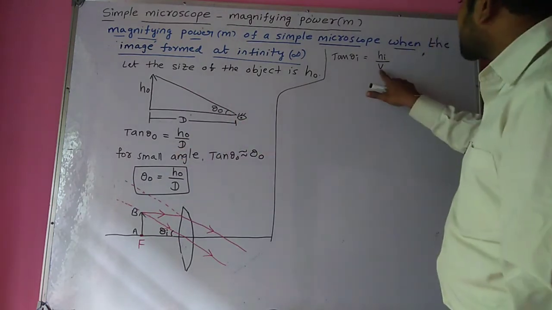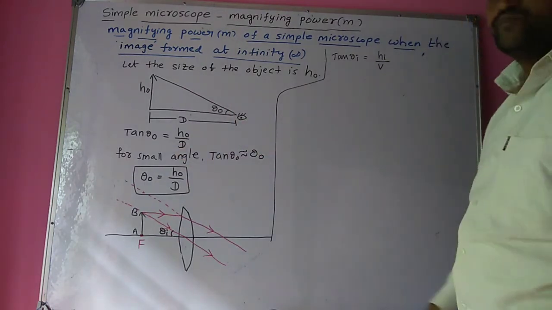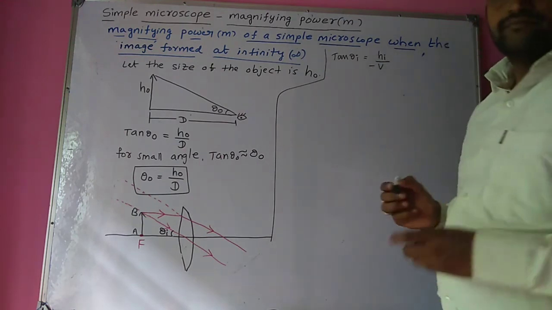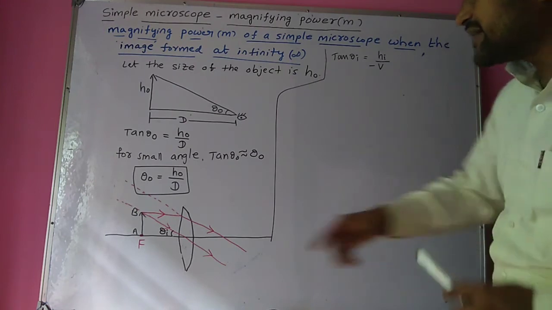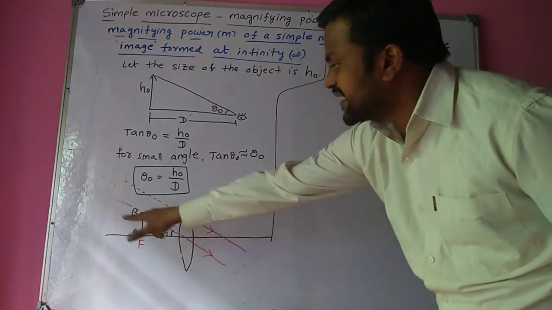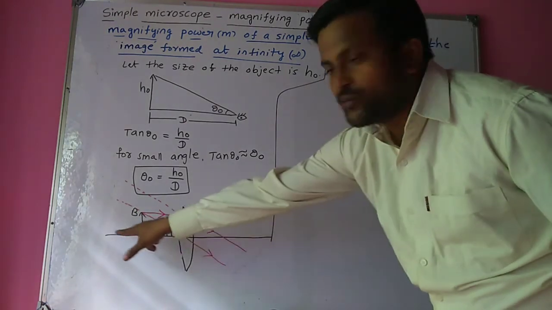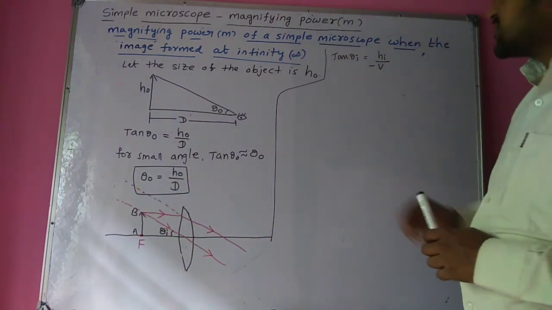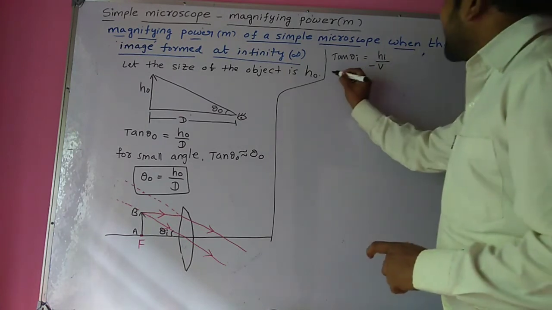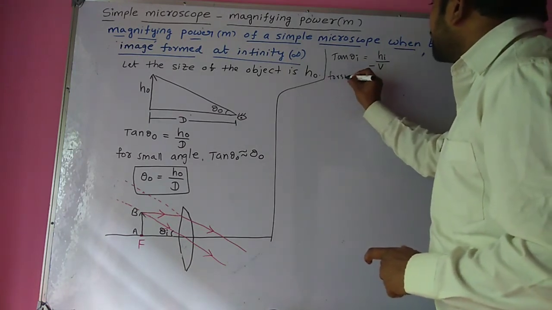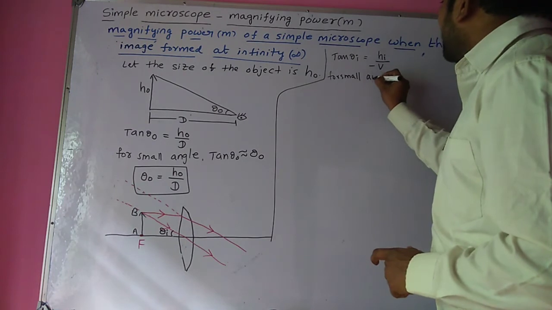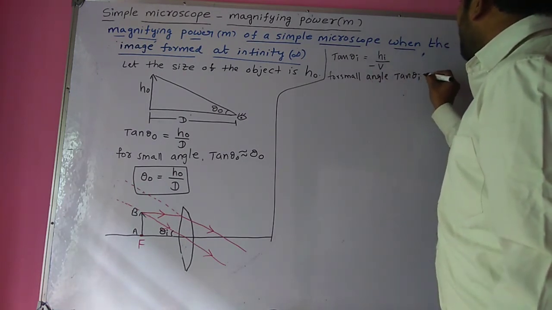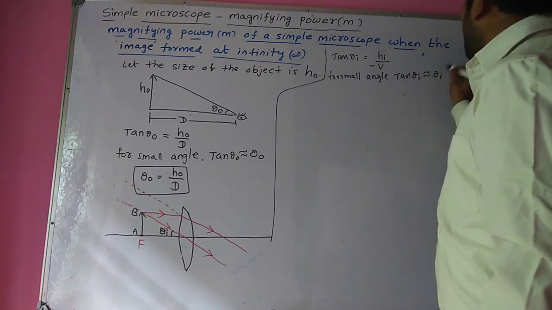Here we take it as minus V, because we measure from the optic center to the image in the opposite direction of the incident light. So HI by minus V. For small angle, we can take tan theta I is equal to theta I.